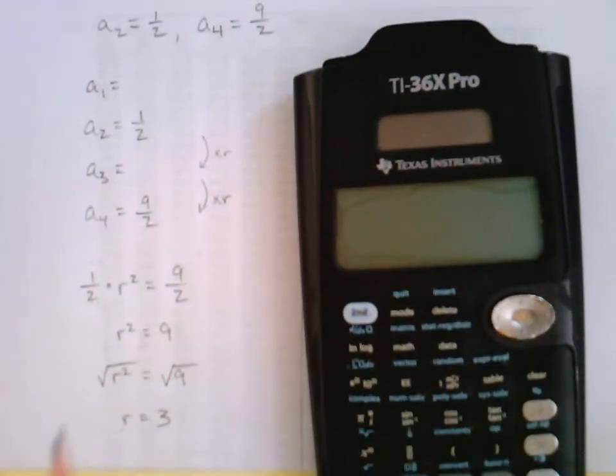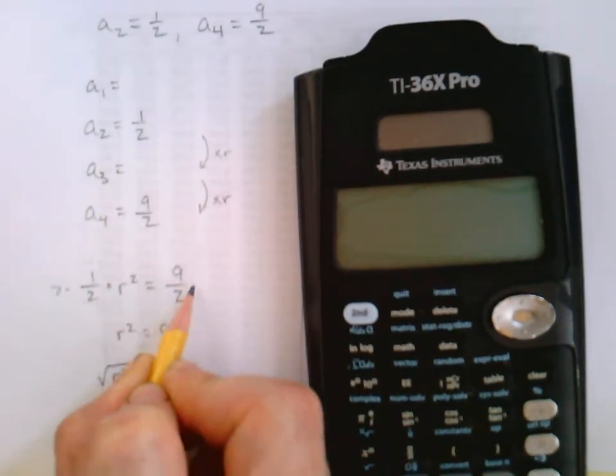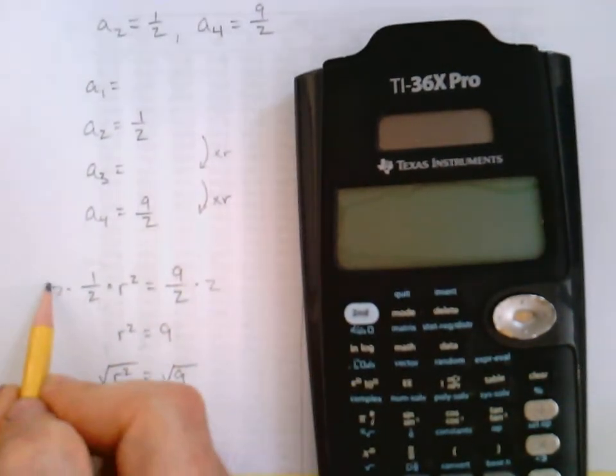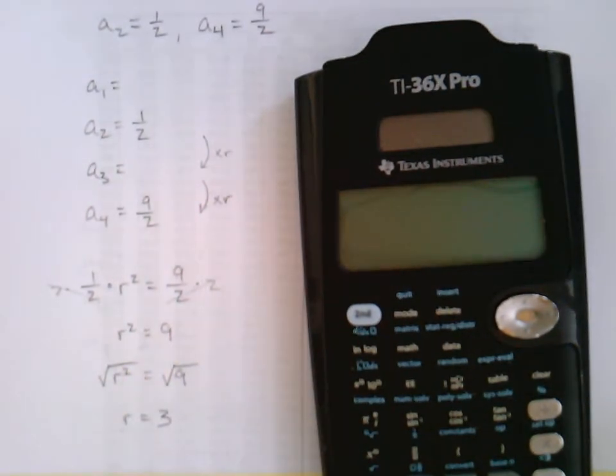Okay, so multiplying both sides by 2, that cancels those denominators. So I get R squared equals 9. Taking a square root, I get 3. Okay, so the R is 3.